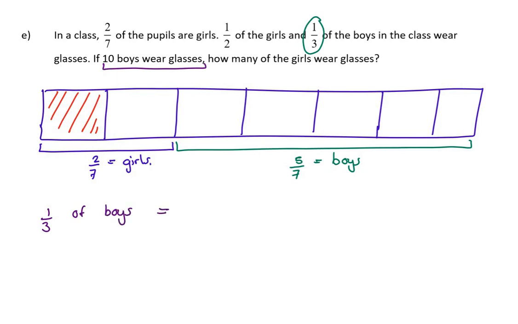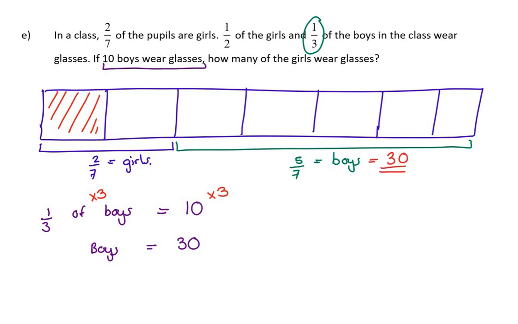So 1/3 of the boys are 10 people. So how many boys? Well, if 1/3 is 10, I can just multiply by 3 and get 30. So I can times by 3, so I get all the boys, and times by 3. So now I know that these boys represent 30 people.